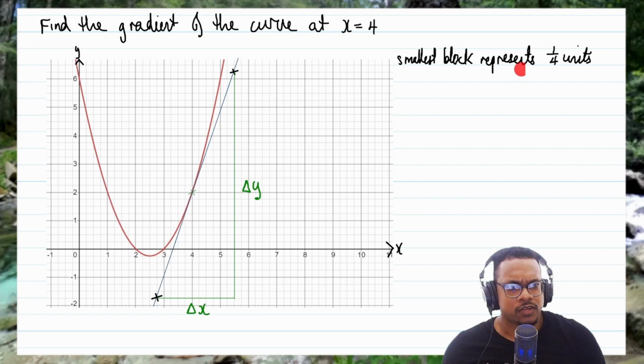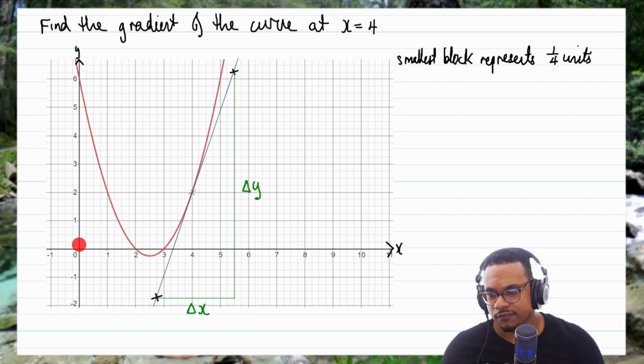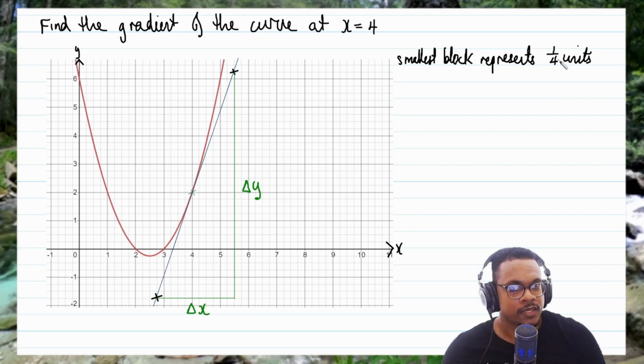So the smallest block represents 1 over 4 units. That's because every 1 unit we have 4 of the smallest blocks. So this 1 comes from every 1 unit, and this 4 is the number of little blocks in between that 1 unit. So we have 1, 2, 3, 4 little blocks for every 1 unit. And that's how I have 1 over 4. And if you go on a calculator and say 1 divided by 4, you'll get 0.25. So 1 over 4 is equal to 0.25.